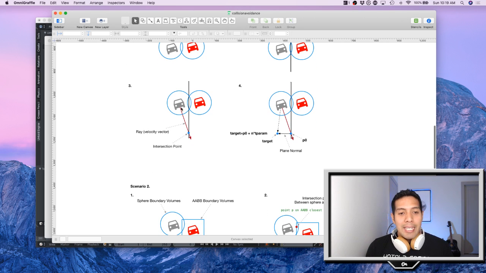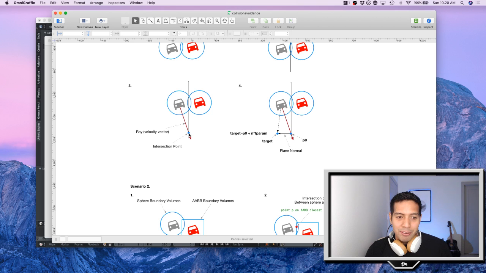What I do is I know the velocity of my entity, right? I know the direction of that velocity. Well, what I do is I create a ray in the same direction of my velocity. So I shoot the ray from my entity position towards the same direction of my velocity, and then I compute the intersection point between the ray and my plane, which is what I have here with the blue dot.